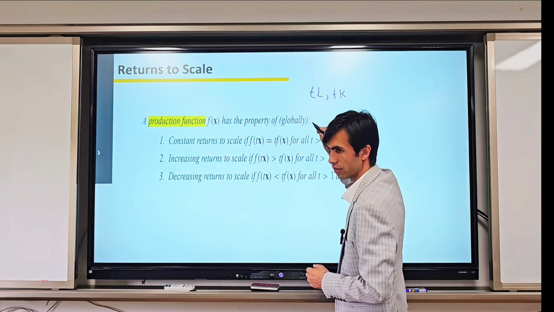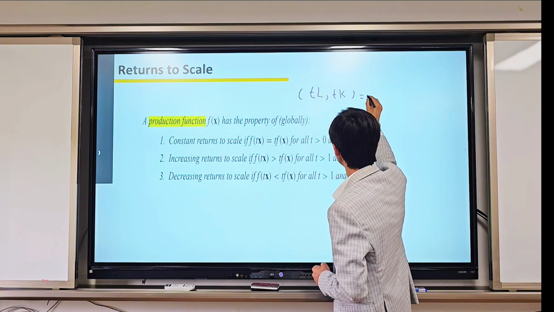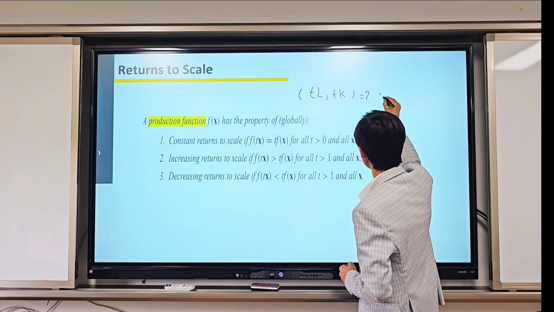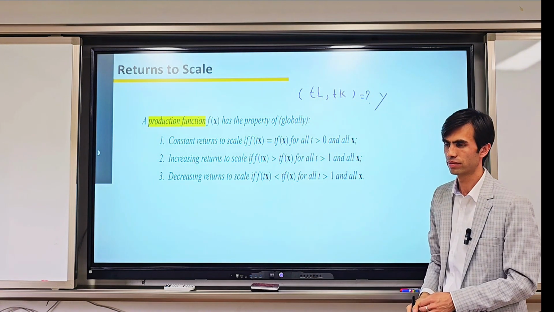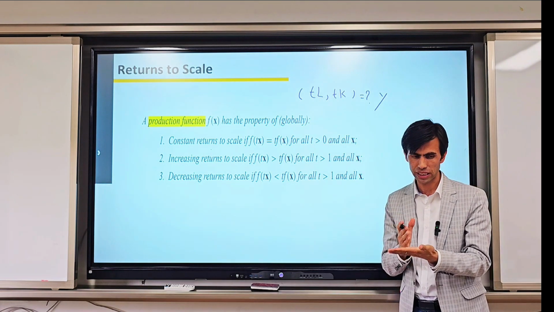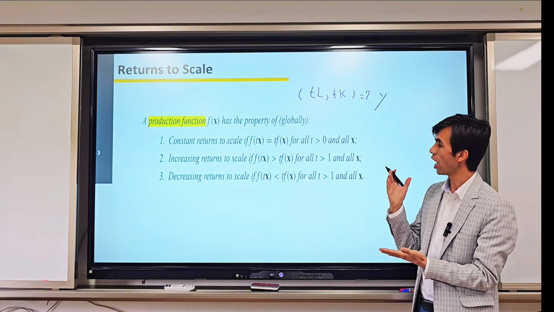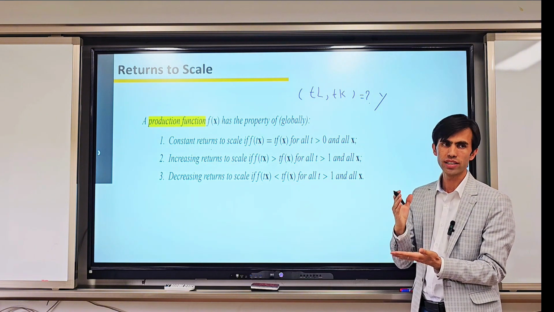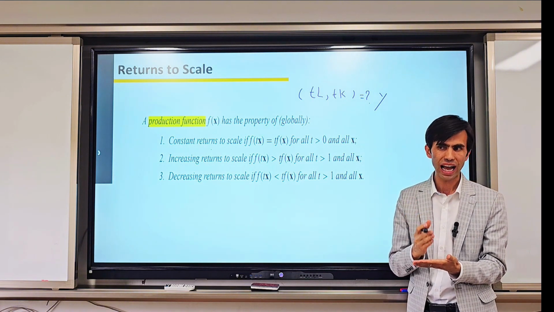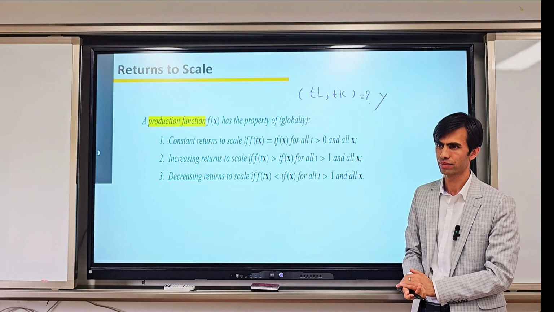and also we increase our capital. Then what will happen to y? Or another way we can define return to scale: if we scale up all our inputs by some positive factor t, what will happen to the output level?